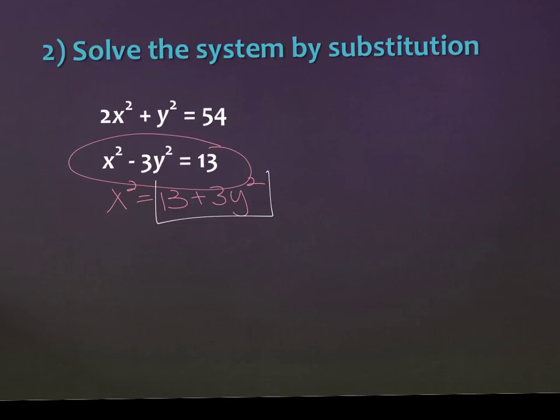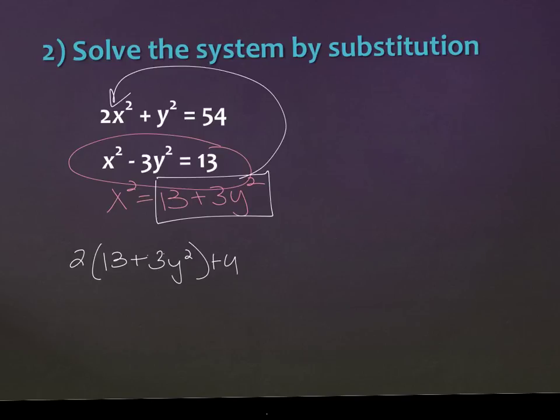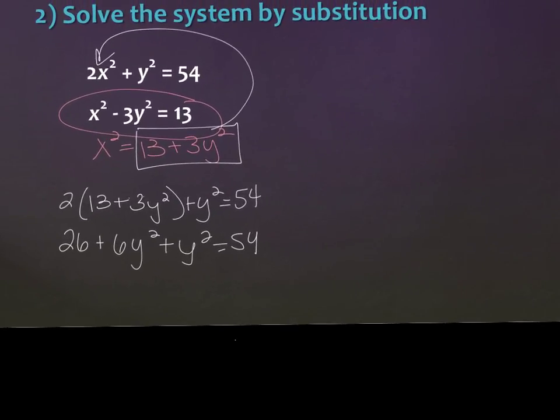Now this is going to go in the place of the x squared here. So I'd get 2 times 13 plus 3y squared plus y squared equals 54. Distribute the 2. And then combine your like terms. Subtract that 26.